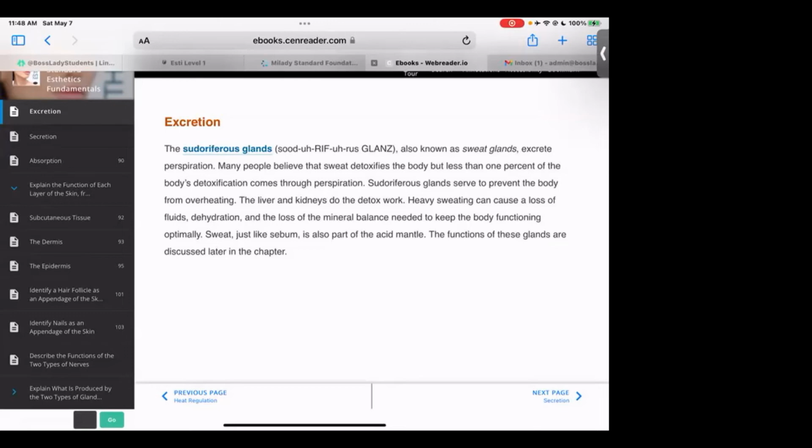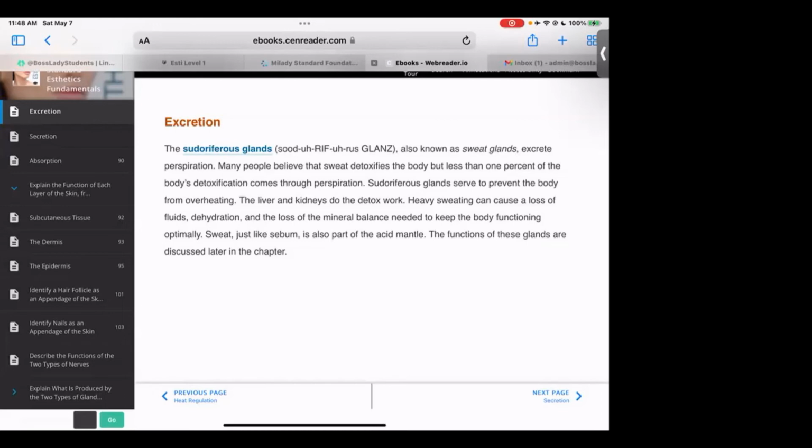So are the clients getting their vitamins and minerals? Are the clients sweating more than they should be? Are the clients replacing those minerals? Someone who just drinks soda and doesn't drink water is not going to have very appealing skin because they're sweating, because that's what the body is supposed to do, but they're not replacing that water loss with actual water. They're not replacing it with actual vitamins and minerals. So ultimately, the skin's overall look is going to look dull.